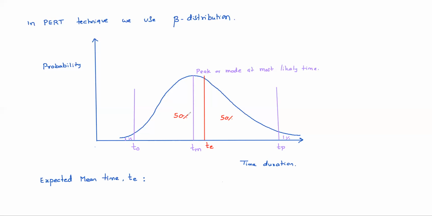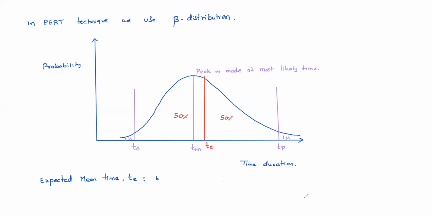Understood no? TE divides the entire distribution into 2 equal halves. That is the expected mean time. Right? Note down that.